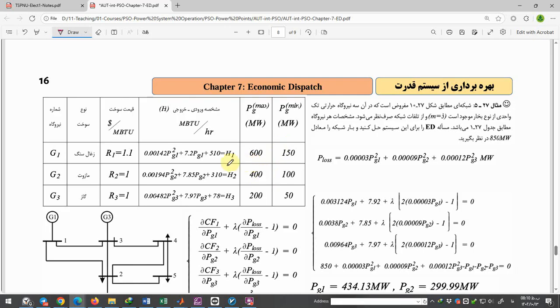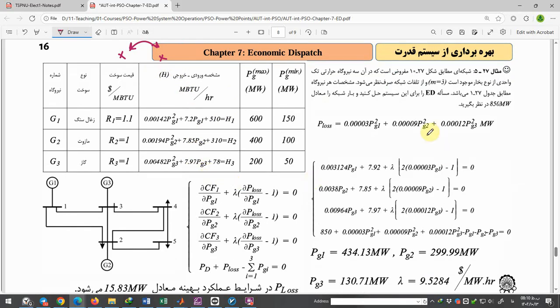The first action is multiplying the fuel cost multiplier by H. By multiplying this column by this column, you find the cost function, and the cost function is determined.